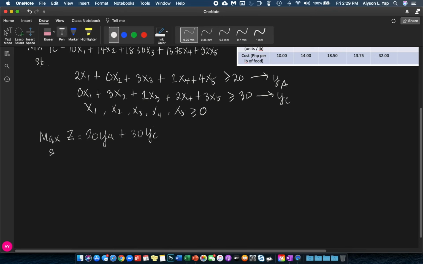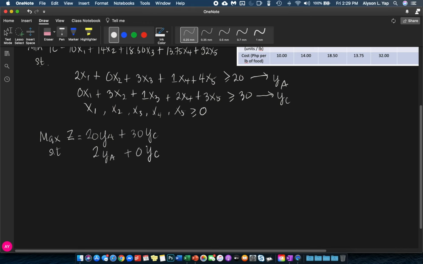Okay? Subject to, and we have 5 primal variables here. Each column here will correspond to a dual constraint. So the first column has the coefficients 2, 0, and 10. Which means this column will become a row in the dual problem. So we will have 2YA plus 0YC.